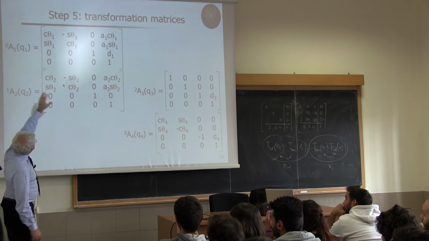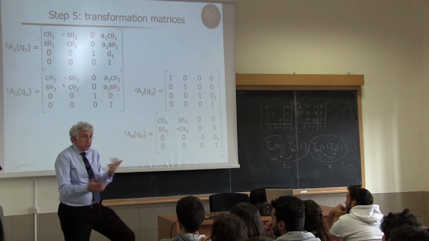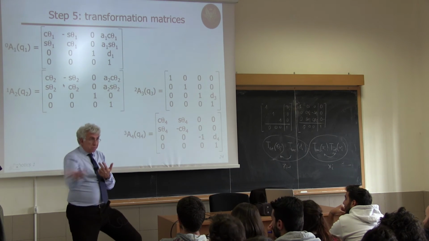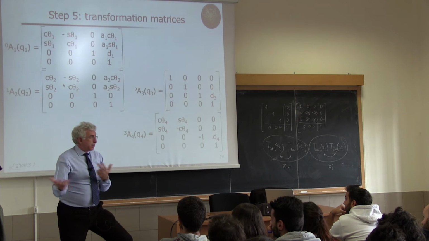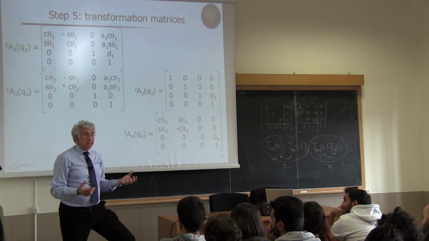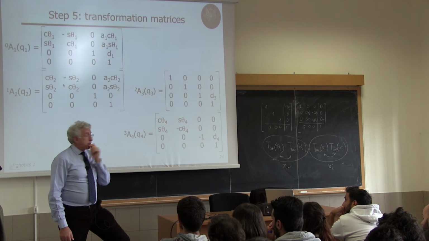First of all, you see that this is an elementary rotation around the z-axis, the current z-axis. In fact, the first joint is a rotation around z0. And theta 1, which is q1, is exactly defined that way. So the rotation part makes sense. What is the last vector? The last column?